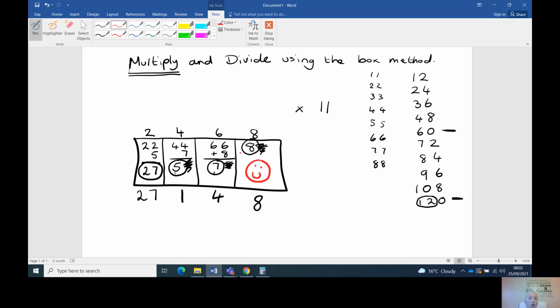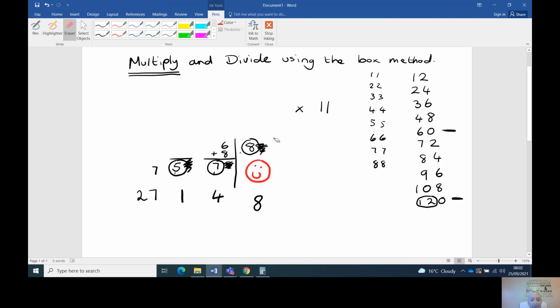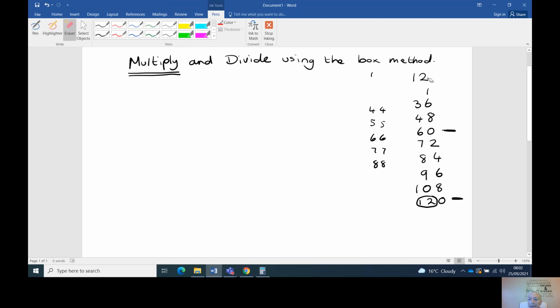Now we can use bigger numbers, but then we're looking at our hundreds, and we're looking at maybe even our thousands, okay? And it does take more practice, but it's still very doable. Okay, so let's get rid of all of that.